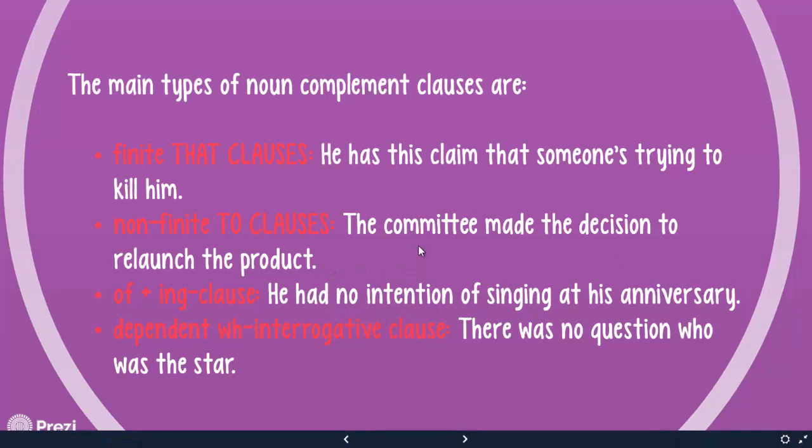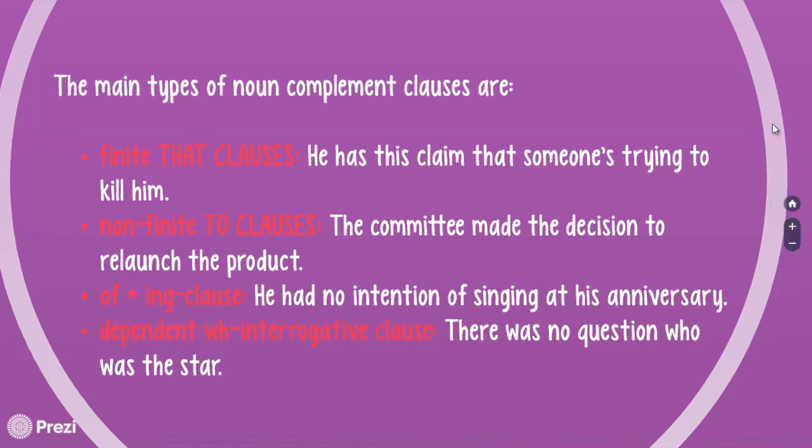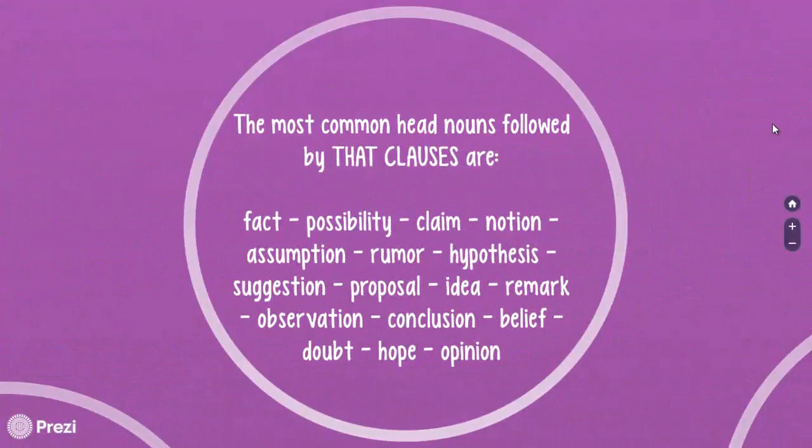To finish this part related to noun complement clauses, I want you to have a short list of head nouns which can be used with complement clauses. As we said before, there are fewer nouns which can be used with complements. In respect of that complement clauses, the most common head nouns are the following.